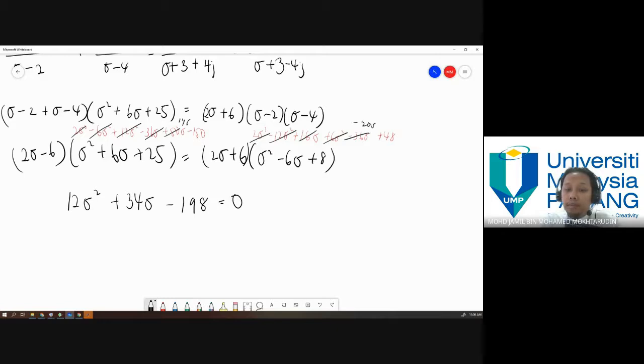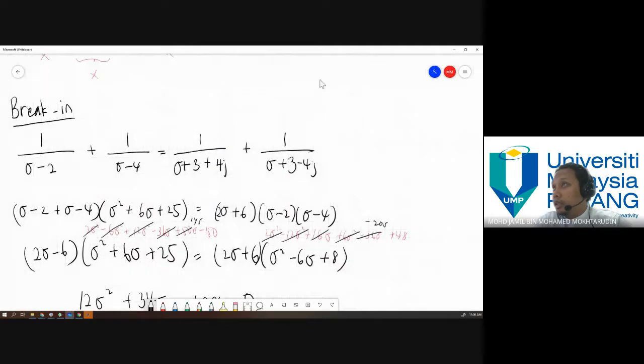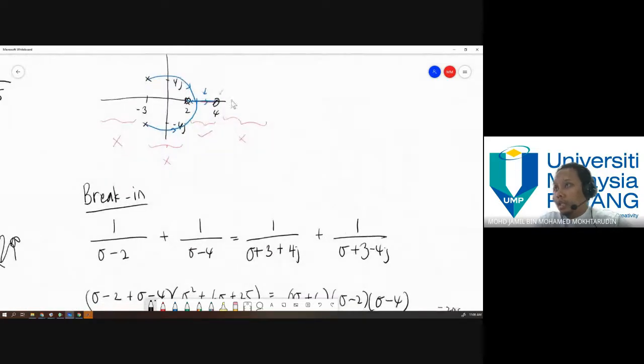So our breaking point will be at 2.89 and also negative 5.72. So there are two values here. We can roughly sketch this on our sketch here.